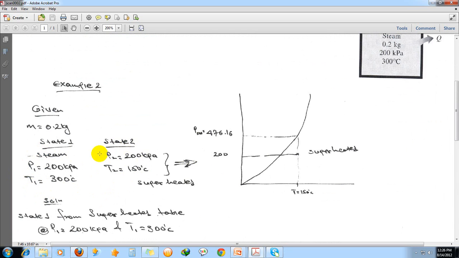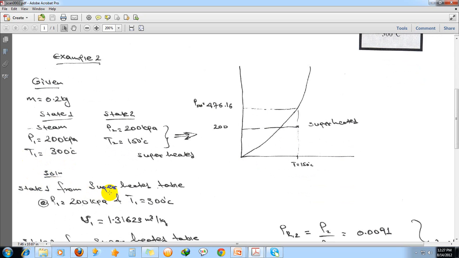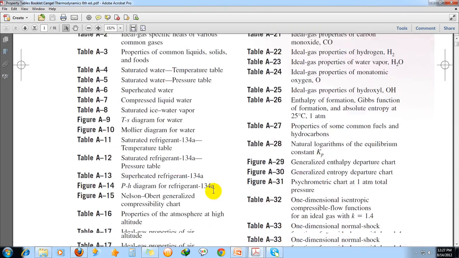Then we determine volume 2 again using these two properties. Then from these two volumes we can determine the change of the volume. State 1 is steam, it's given. So just from the superheated table, let's go to the table.